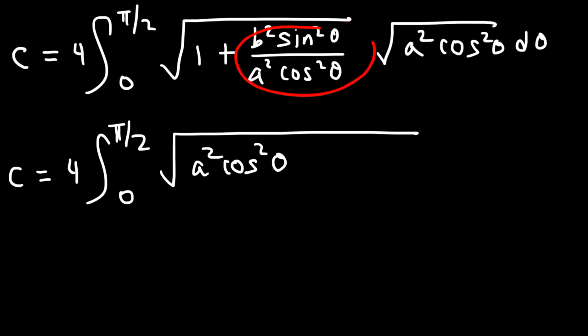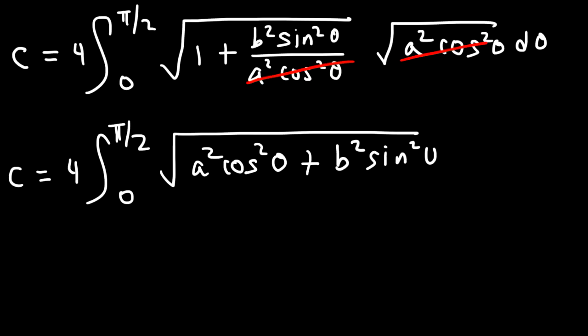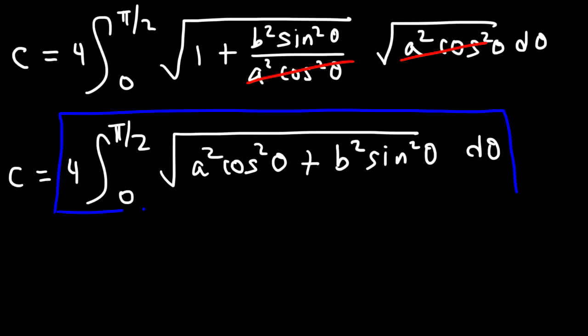And then if we multiply these two terms, a squared cosine squared theta will cancel. So now we have the exact formula that we use to calculate the circumference of an ellipse. Now let's talk about how to get the other formula.